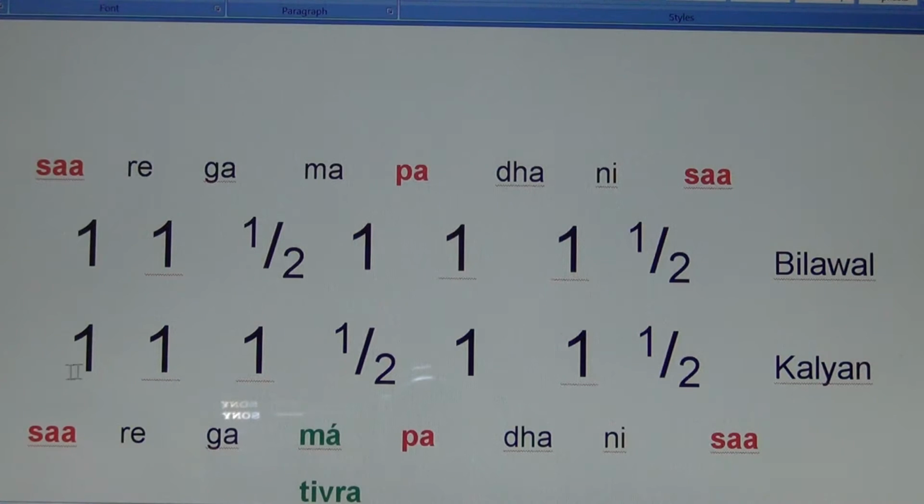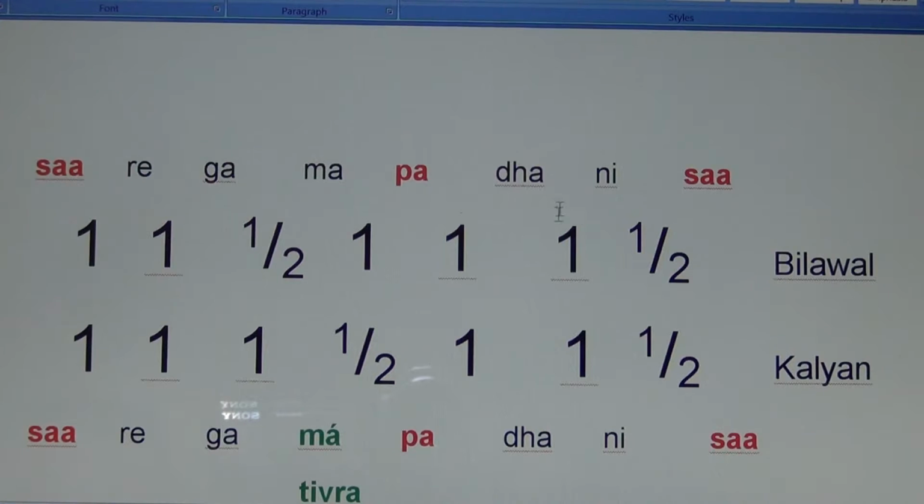If we compare that interval formula to our Bilawal, if you recall very early on I said that everything is built upon the major scale or Thaat Bilawal. So this is Thaat Bilawal, and we have again Sa, Pa, Sa in red. They do not change. They are called Shuddh or pure notes.